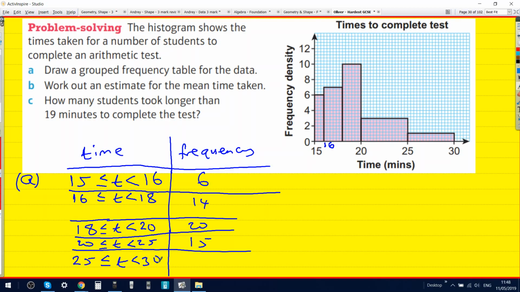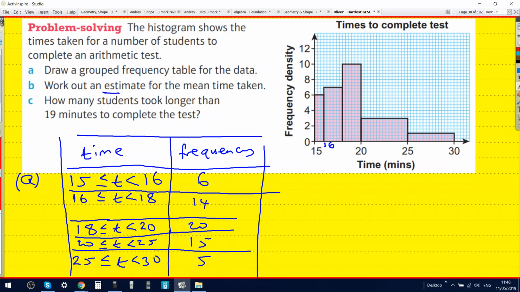Not really sure what to do. I would do it purely from the table. You have to add up the frequencies and divide by. I'm not really sure.